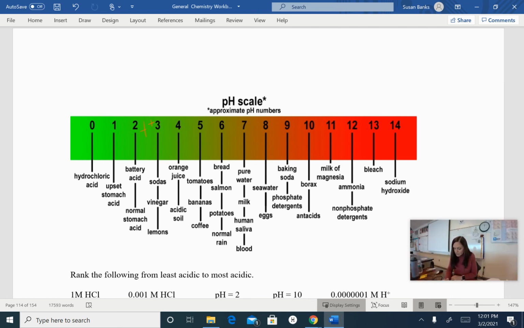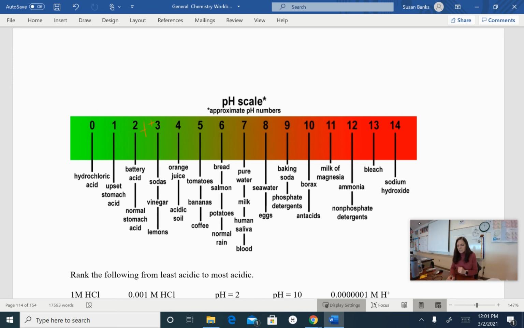Notice things that are 7 are neutral: pure water, milk, human saliva, blood. We have things on the weakly acidic end, the 5s and 6s: tomatoes, bananas, coffee, bread, salmon, potatoes. Normal rain is slightly acidic.